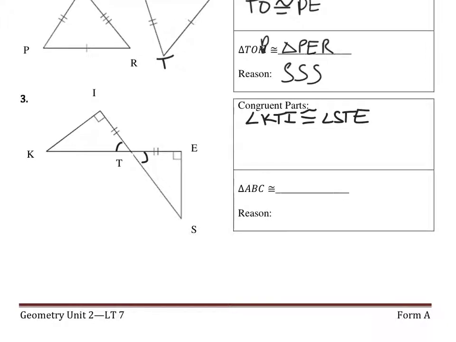And then we've got angle I. You can use one letter out here because there's only one angle I. That's congruent to angle E. And then we've got side IT, side IT is congruent to side ET, phone home.